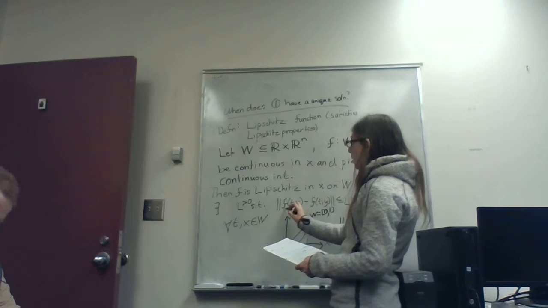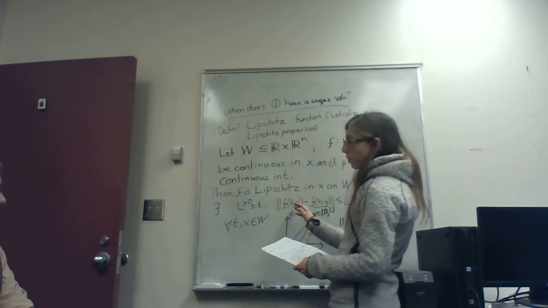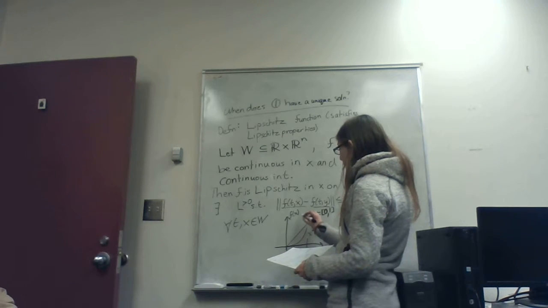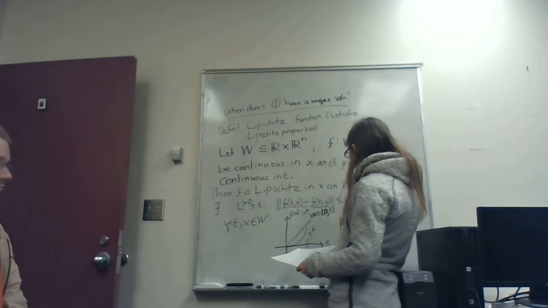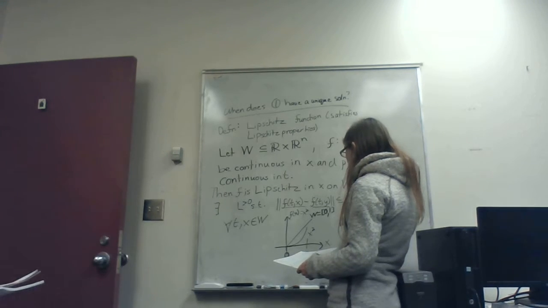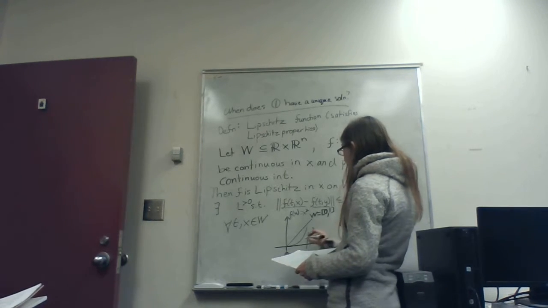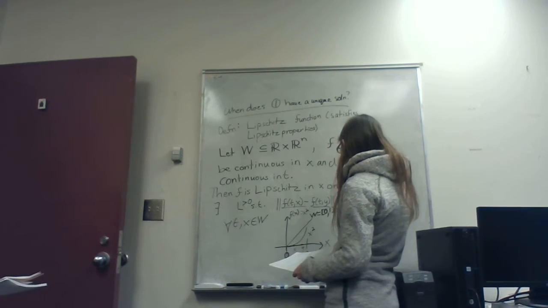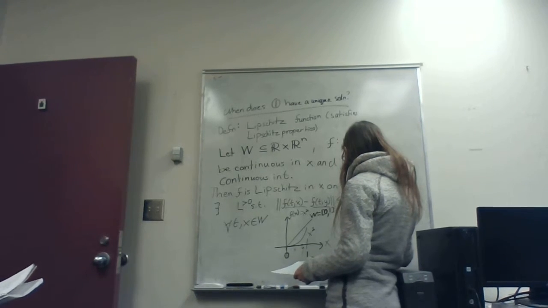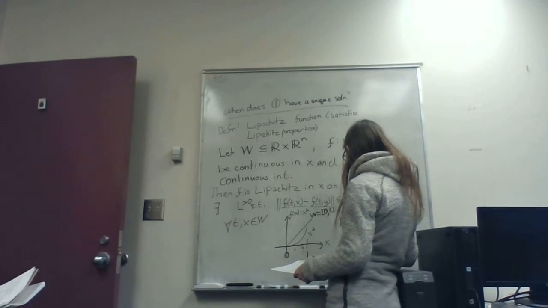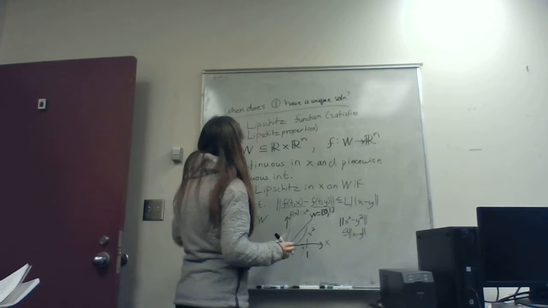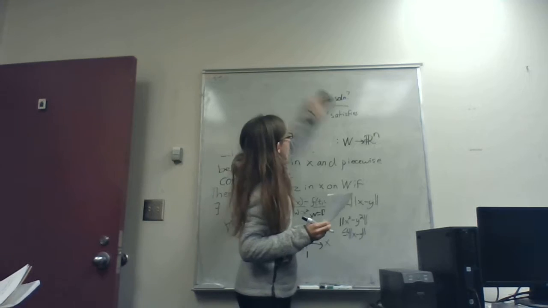Lipschitz continuity doesn't have to be only for differential equations. It can be for any function f. So here I can say f of x is x squared. I look at some point x squared minus y squared, where x and y are just arbitrary points, and I ask whether this is less than or equal to the norm of x minus y times a constant L. We're dealing with scalars here, so it makes sense to consider absolute values.